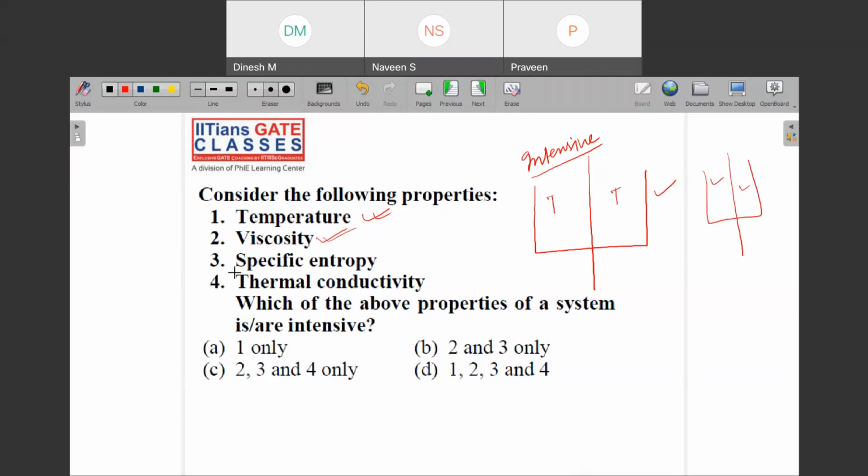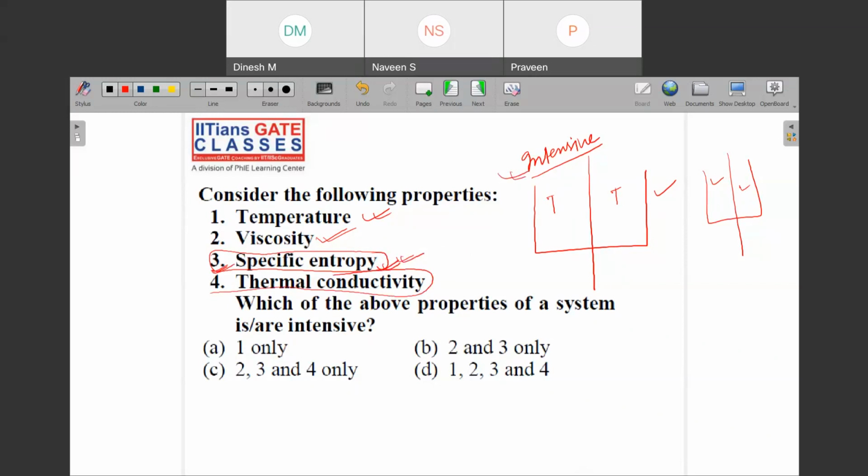And the third one is specific entropy. Very important. Specific entropy. So again, see, if there was only entropy, then it would be an extensive property. But the word specific is mentioned here clearly. That means we have understood that specific properties are nothing but intensive properties. So this one also becomes intensive only. And what about thermal conductivity?